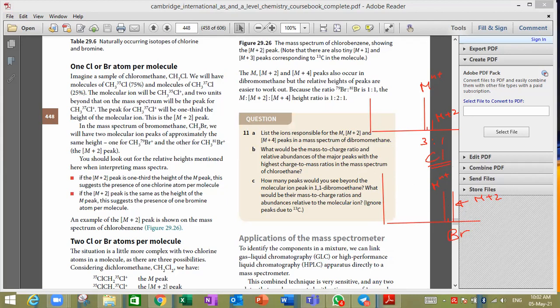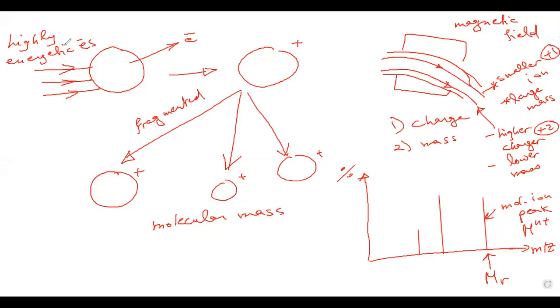For example, if you have a CH3Cl molecule, then this chlorine could either be chlorine 35 or chlorine 37. And we know that the percentages are 75% and 25%.